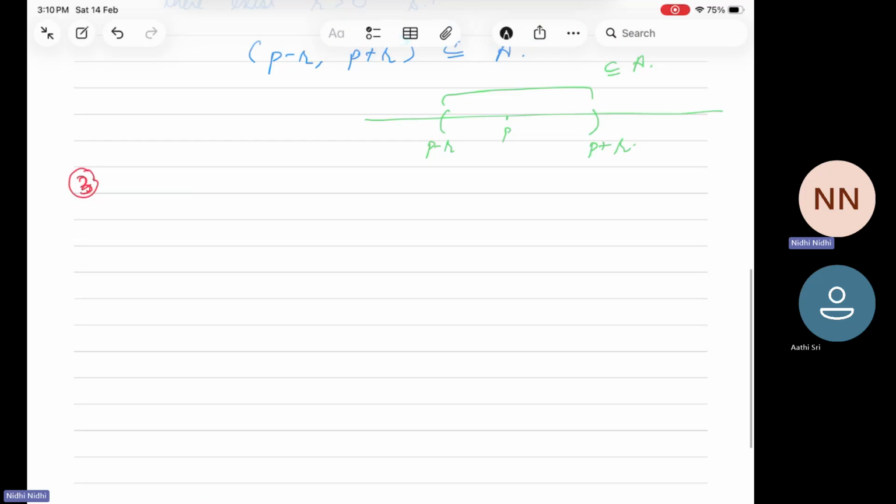Definition number 3, which is of open set.